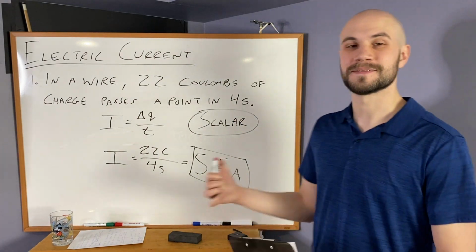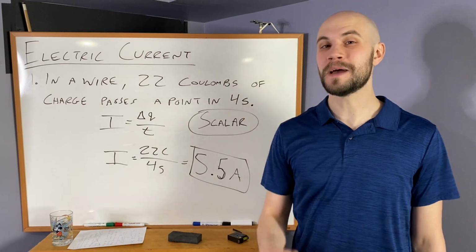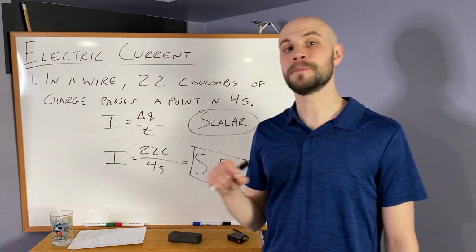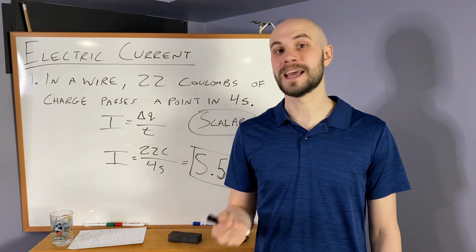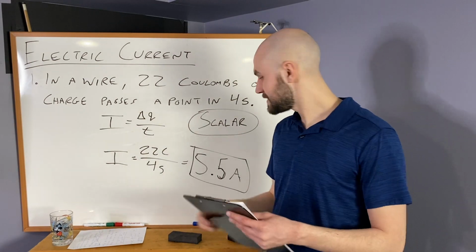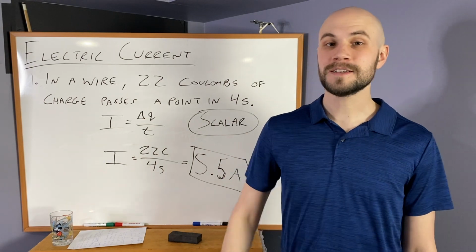Now, what does this mean? 5.5 amps is actually a huge amount of current passing through a wire. We're going to be discussing in a little bit the difference between voltage and amperage, potential difference and current. But current is actually what causes electric shocks to be lethal.